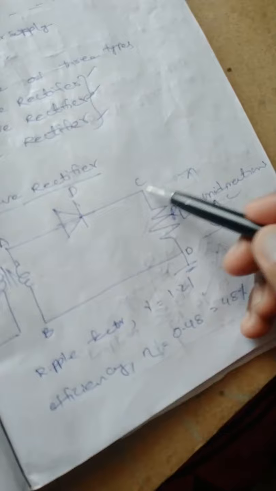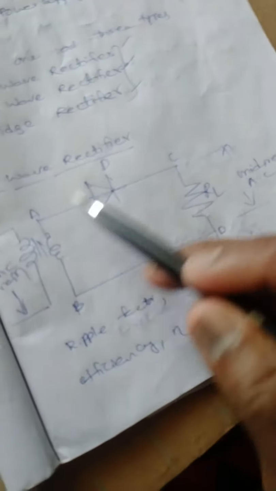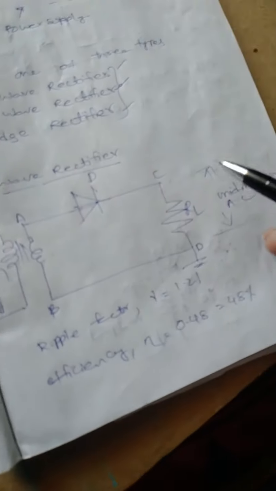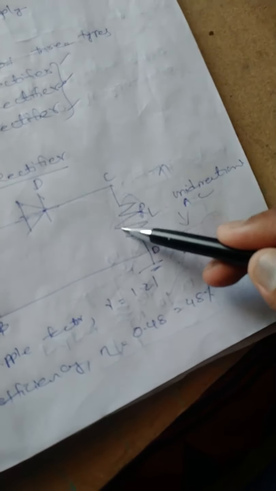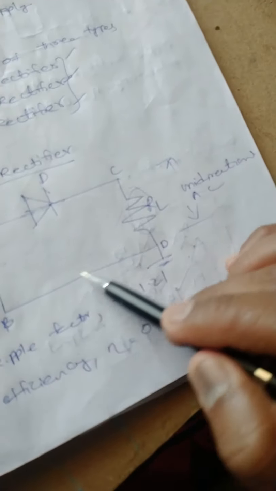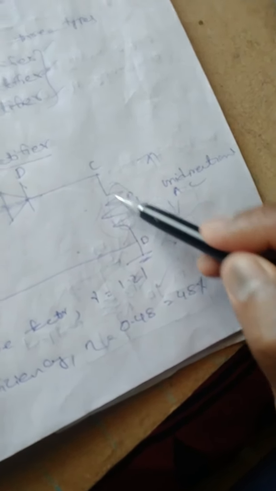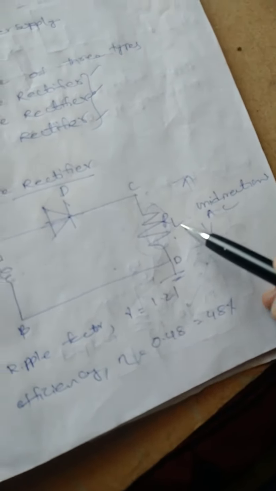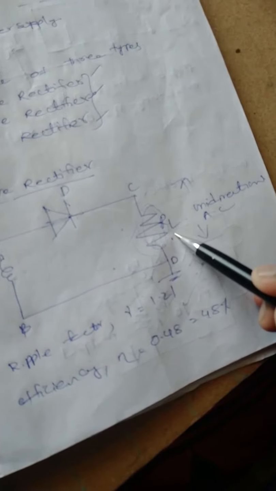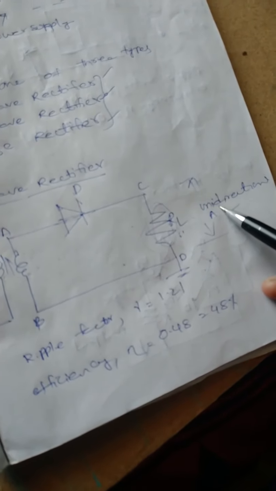It means that ACDB is closed now. This secondary circuit is closed, and there is current passing through this loop. By this, a voltage is developed across RL, and that voltage will be taken as output here.